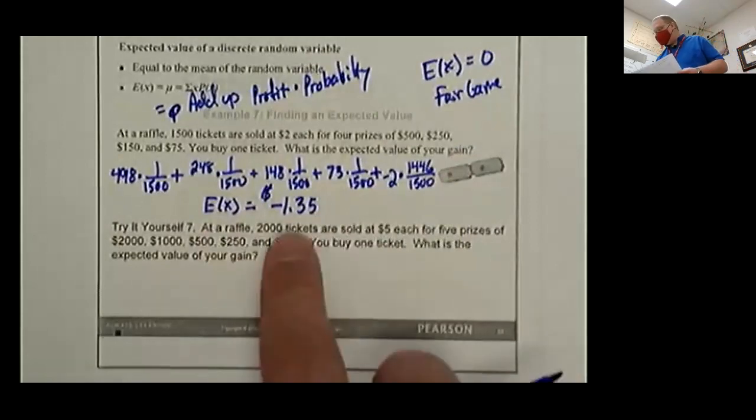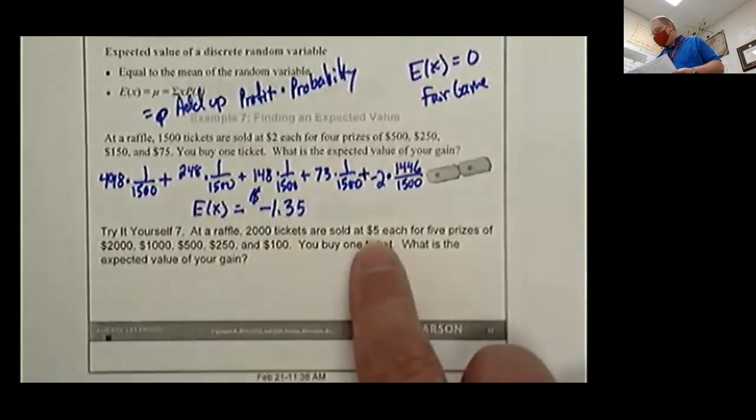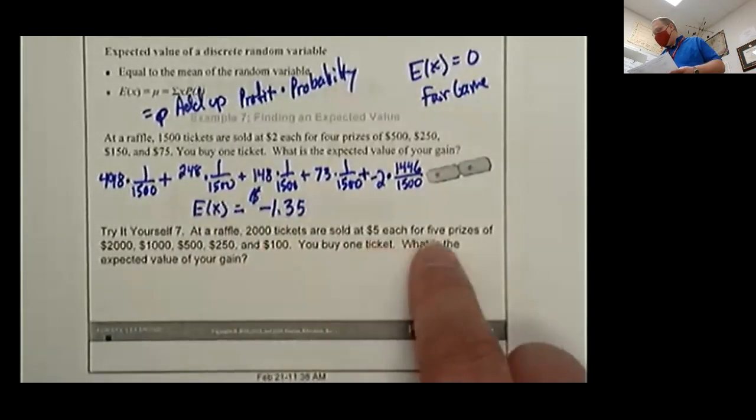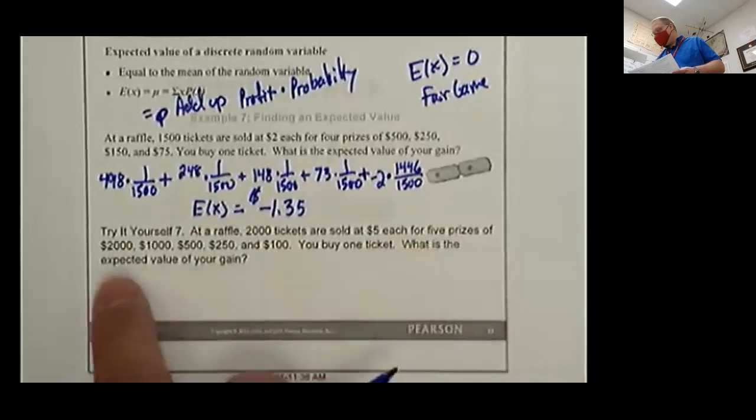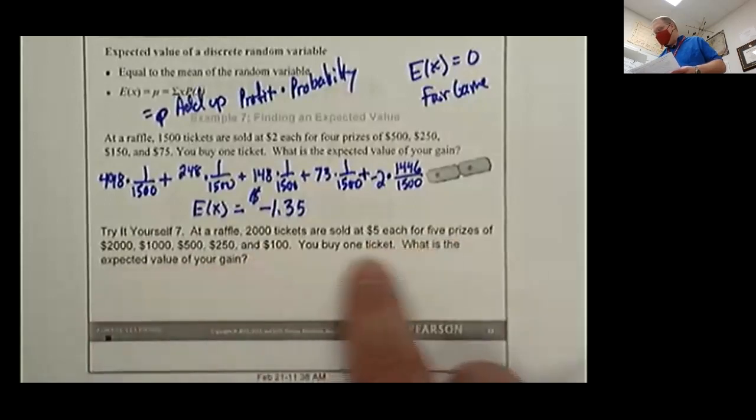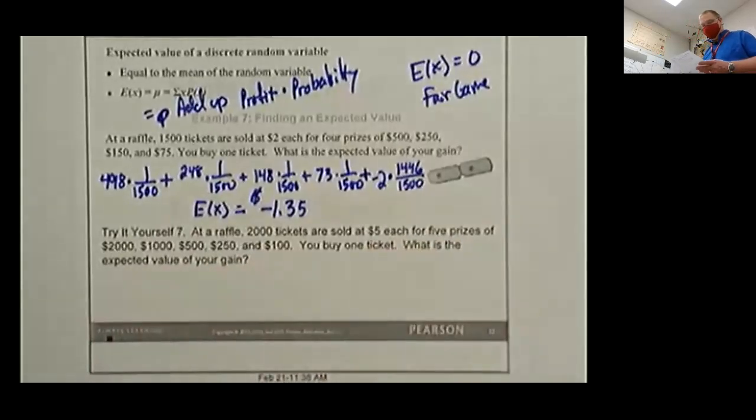So now we have 2,000 tickets sold at $5 each for 5 prizes of these monetary amounts. You buy 1 ticket. What is the expected value of your gain?